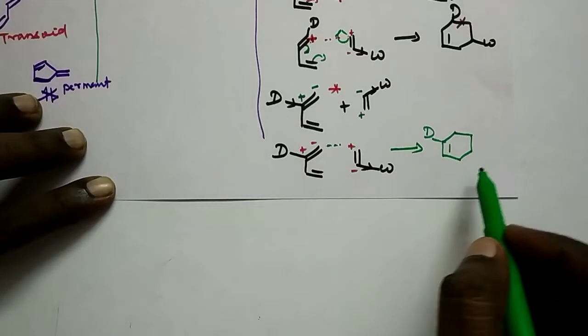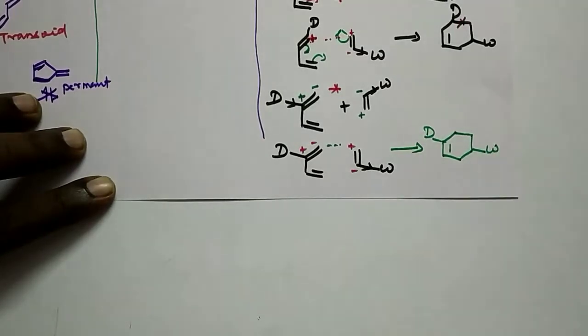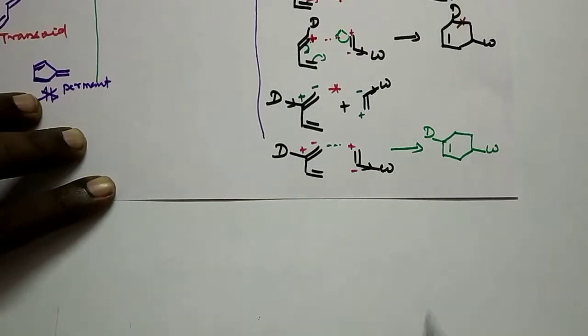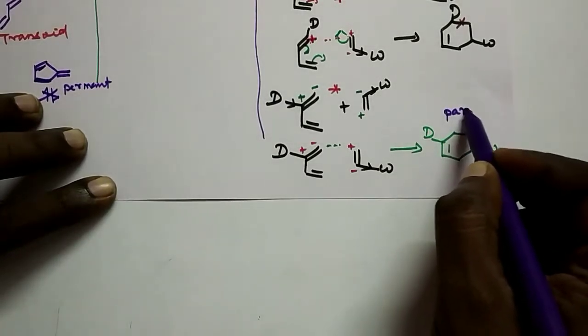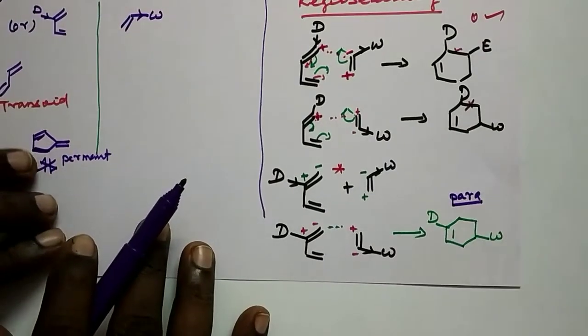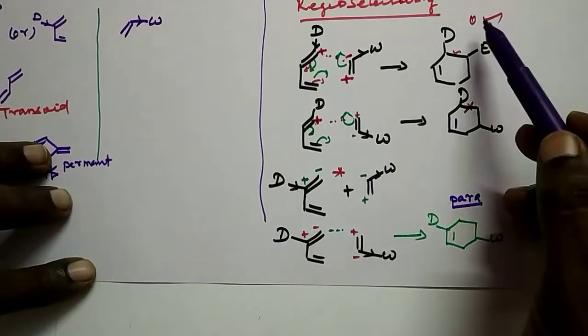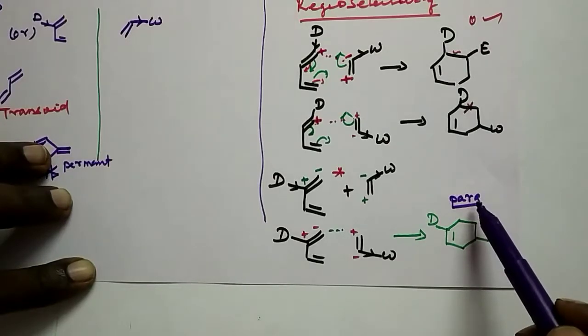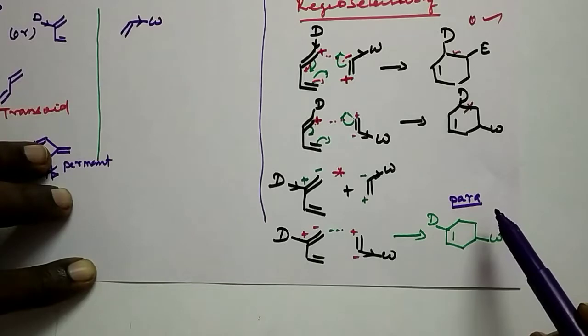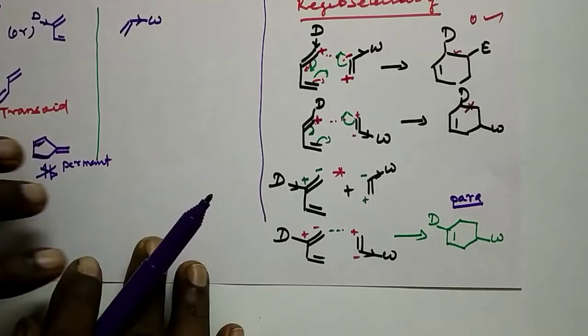D and W. If you look at that, it looks like para disubstitution. Okay, so this is para. So only two types of substitutions are possible: one is ortho, the other one is para. Ortho disubstitution, para disubstitution. Okay, so this is about regioselectivity.